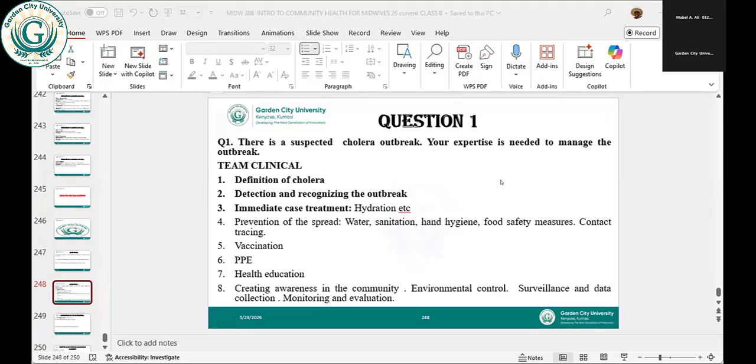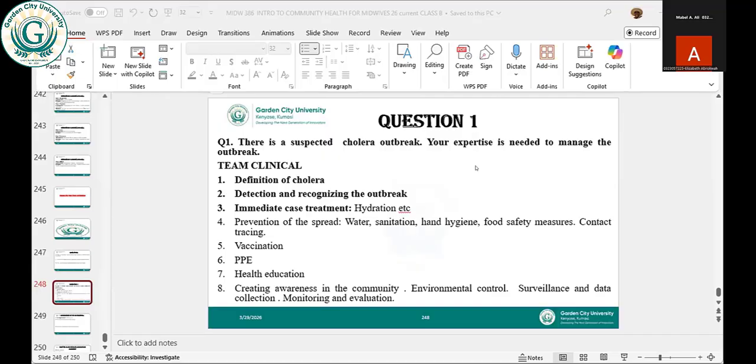Under what? They were all part of prevention of spread under what? So when you say water, sanitation, hand hygiene, food safety measures, what are you doing? Those things that you put there, what is it for? You've written on them. What is the information there? Tell me one of them.